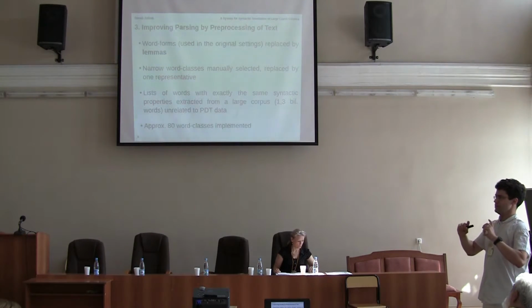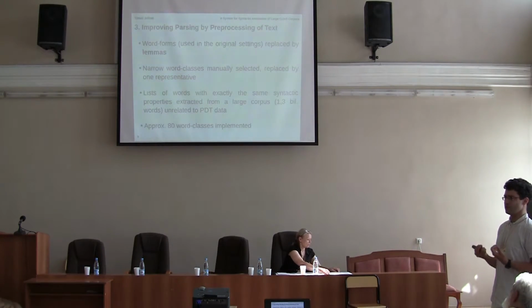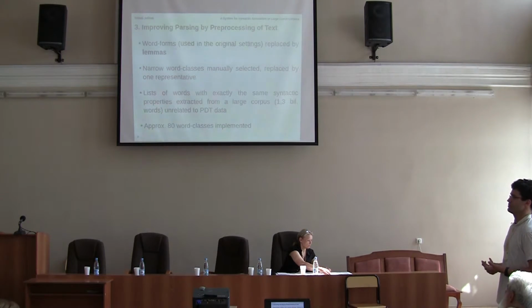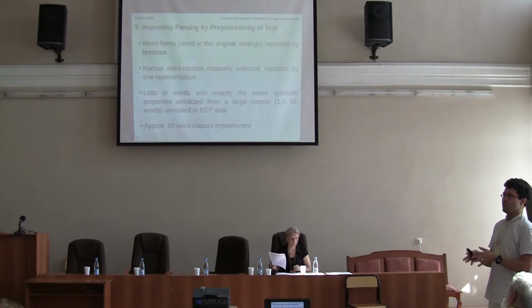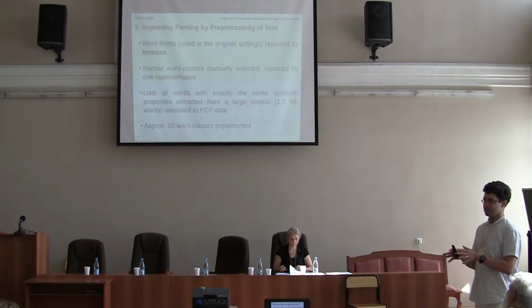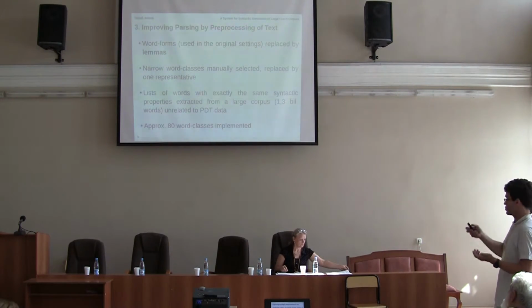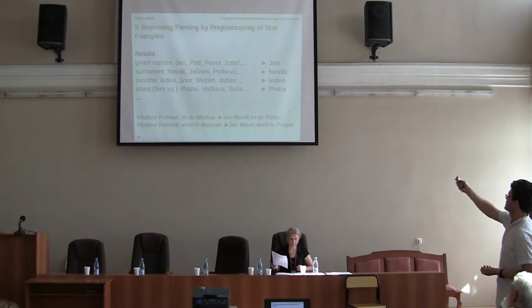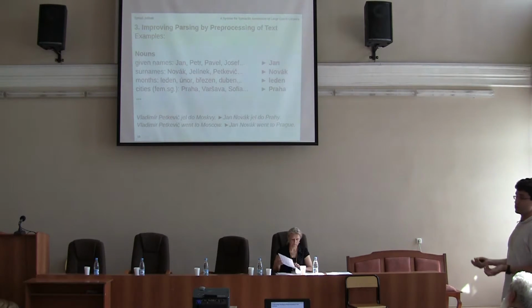We try to find word classes, lists of words which have exactly the same syntactic properties. I will show you some examples later. In these lists, we choose one representative and replace all the members of the list by that one representative. So later the parser has much fewer problems in the text. You can see, for example, we have a list of given names like Jan, Petr, Pavel, Josef. We replace all these given names by one representative, for example, Jan.